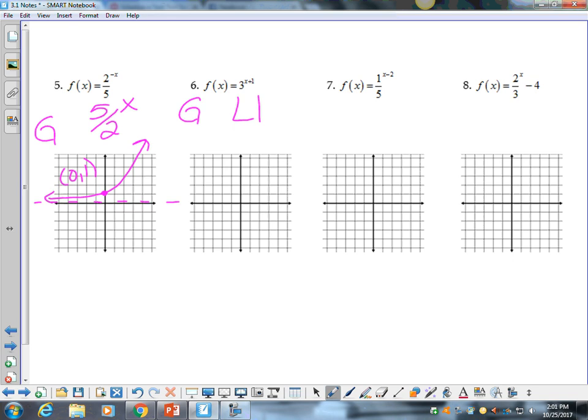Okay, so now where's home? Where do I always start? So here's where I'm starting, and I'm going to shift that point left 1. Where's your asymptote? Can't say 0. You got to say y = 0. Yeah, it's a horizontal line. And we're growth.